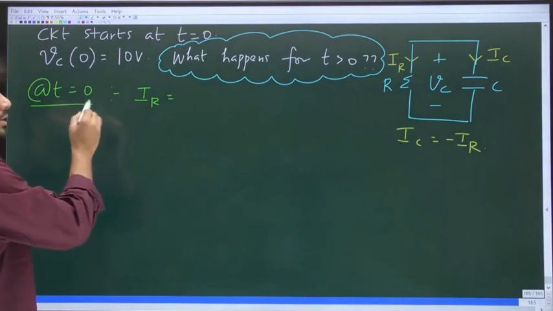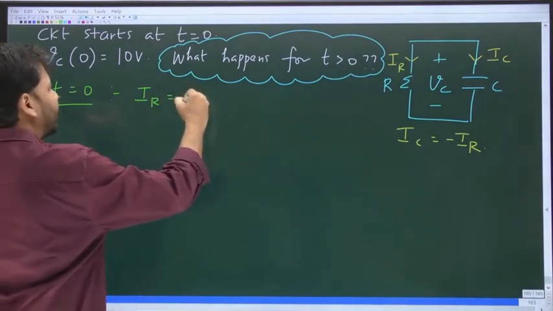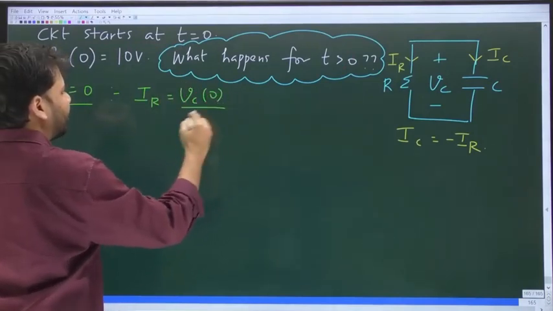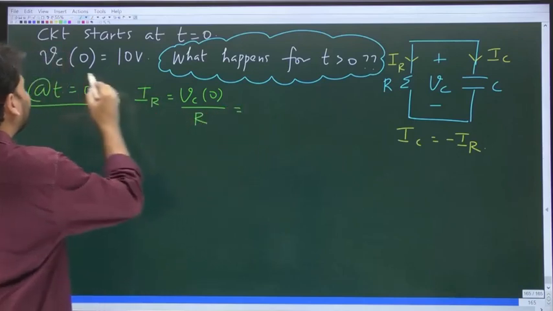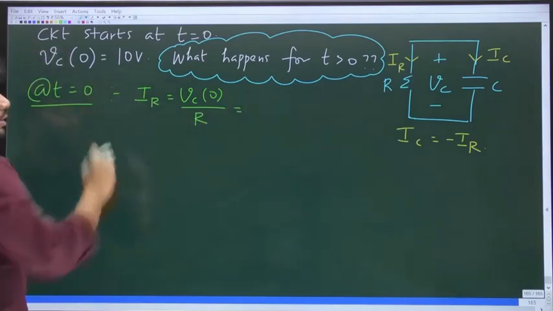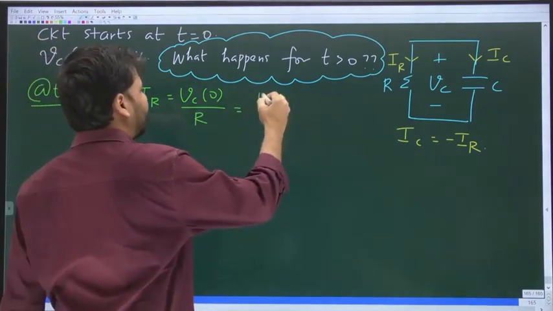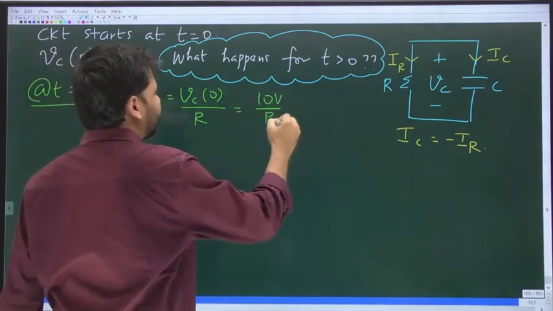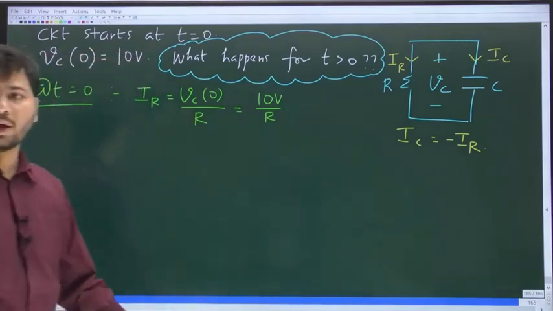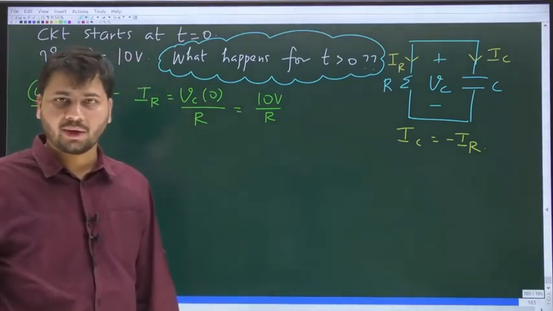Because we are looking at the circuit at t equal to 0, IR equals Vc of 0 divided by R. The initial voltage across the capacitor is 10 volts, so Vc of 0 is 10. IR is 10 volts divided by R.